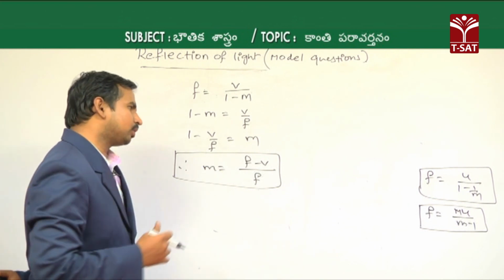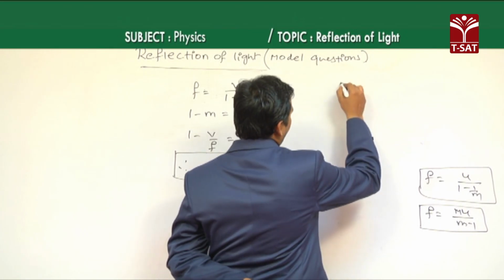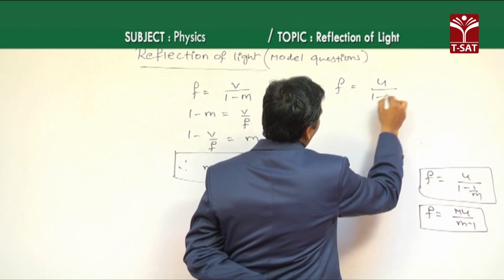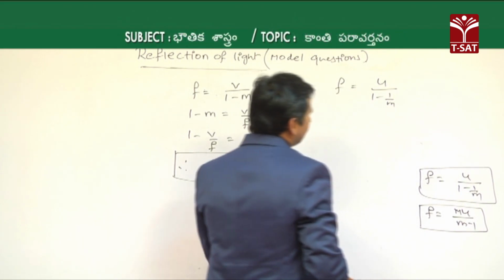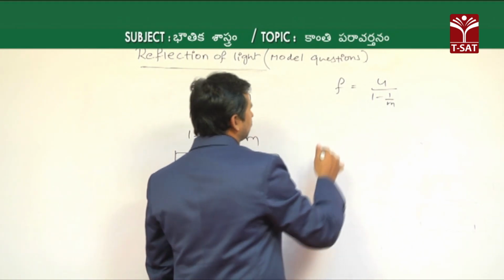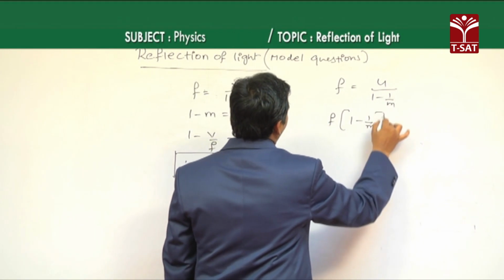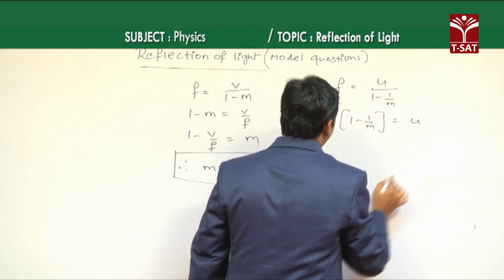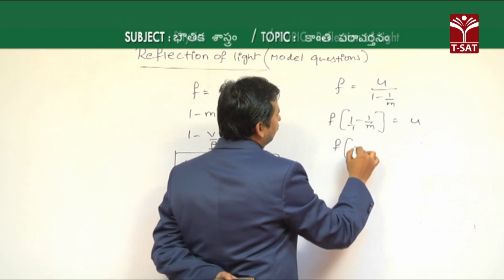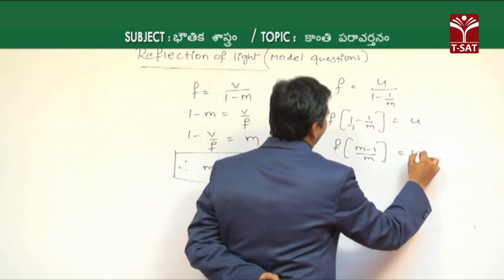Whereas in case of focal length and object distance, we got f is equal to u by 1 minus 1 by m. Then what we need is the m value here. Again if you cross multiply, f of 1 minus 1 by m is equal to u. If you take LCM here, f of m minus 1 by m is equal to u.